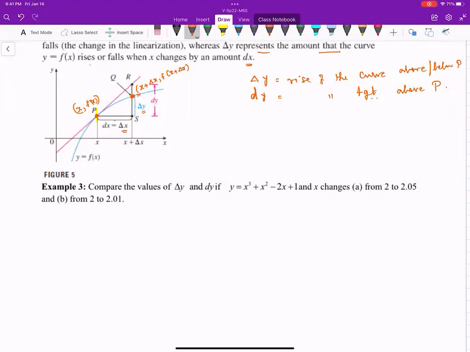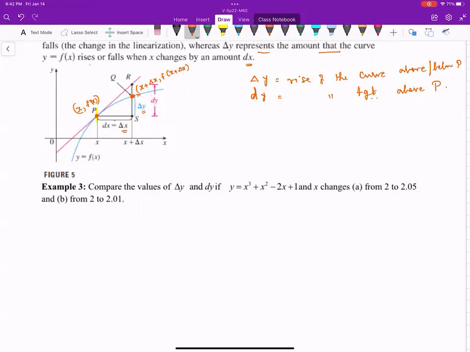The reason is that a tangent is after all touching the curve, and sometimes it becomes very difficult to get the values of the function on the curve. So we are finding the values on the tangent line. So we want to make that delta y, which is the actual rise of the curve above the point, and we are approximating it by dy, which is a differential.